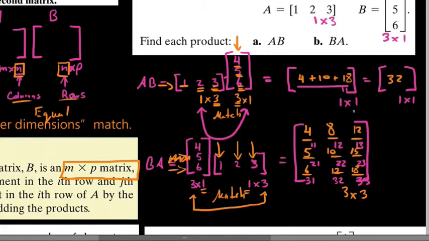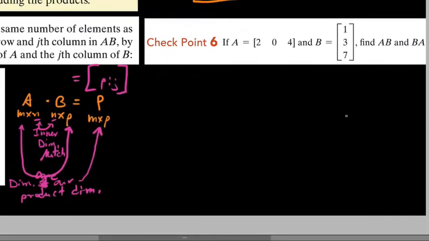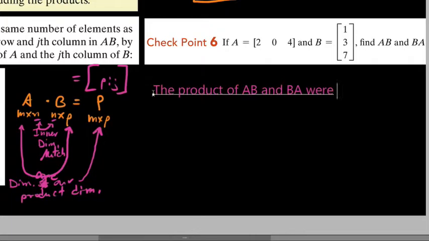So the interesting thing is we can witness here that the products, let me try to make some room here. I suppose we could say that the product of AB and BA were not equal.